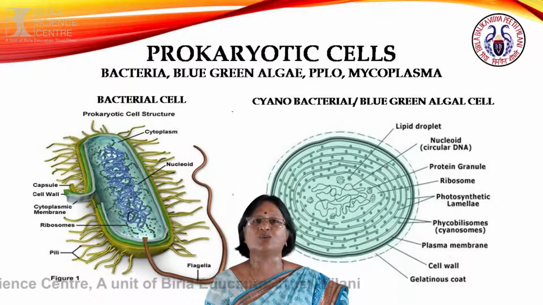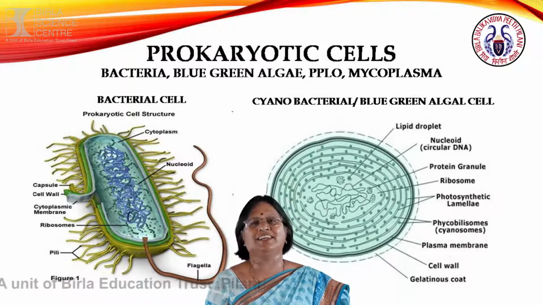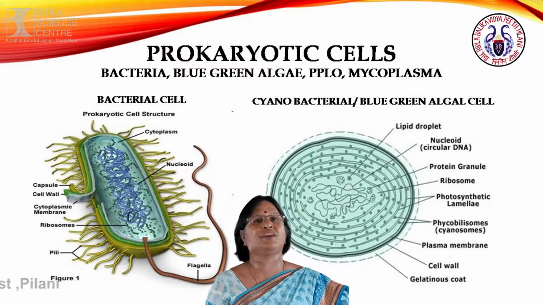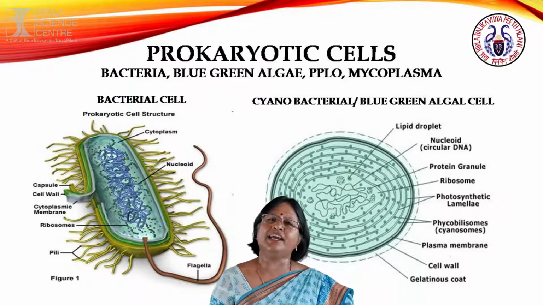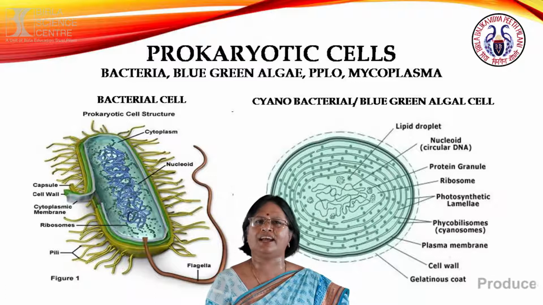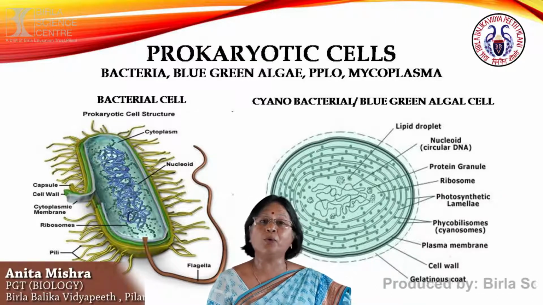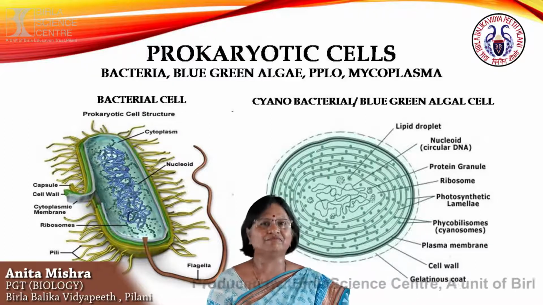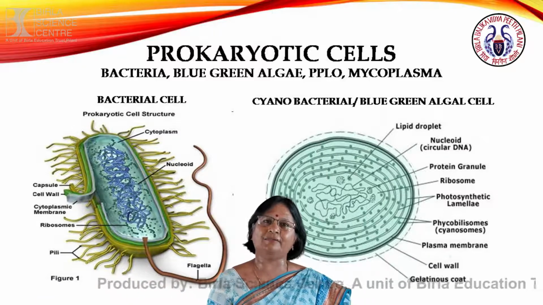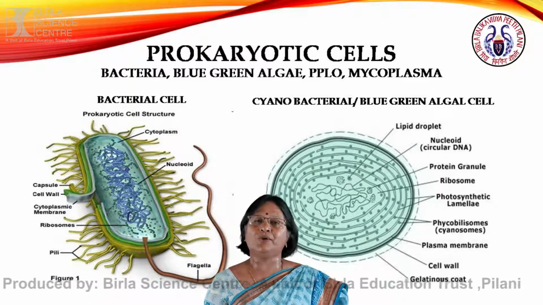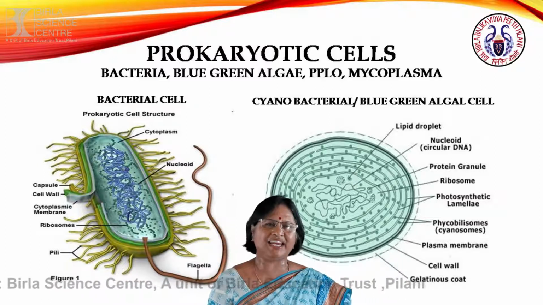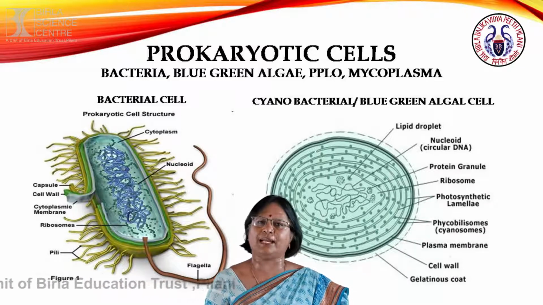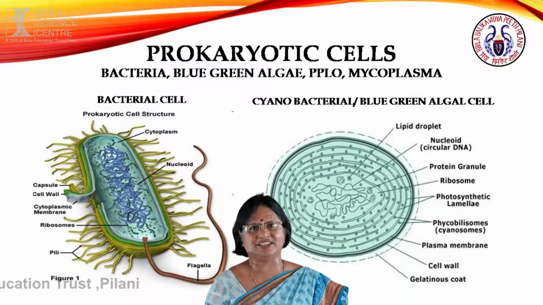A cell which has got the primitive nucleus, such cells are known as prokaryotic cells, and such prokaryotic cells are found in very peculiar kinds of organisms, which are bacteria, the blue-green algae, which are also known as cyanobacteria, and other than that, the pleuropneumonia-like organism, PPLO, and the mycoplasma. These are 4 different types of prokaryotic cells existing on Earth.